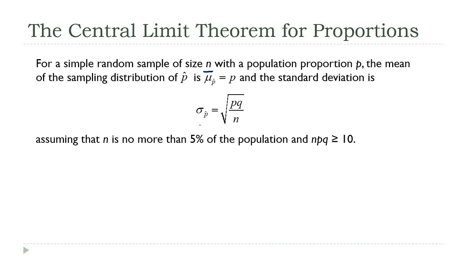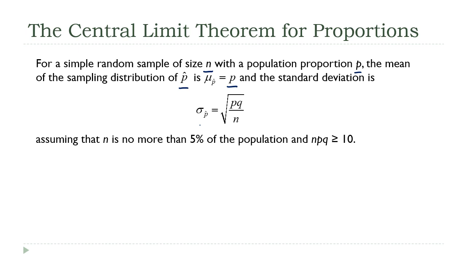And if I know that the population proportion is p, then the mean of the sampling distribution of p hat, those are the sample proportions, is equal to p. So that's exactly what we saw.